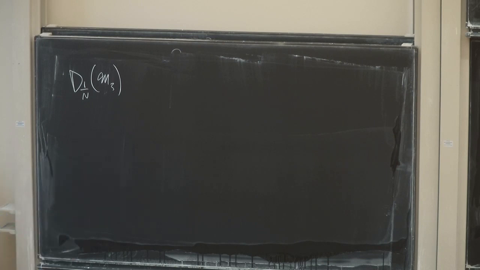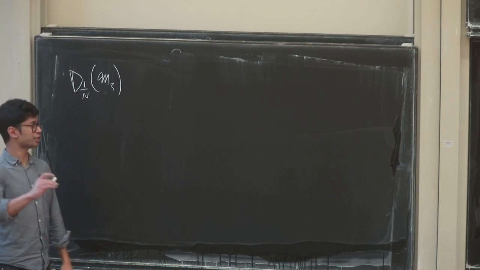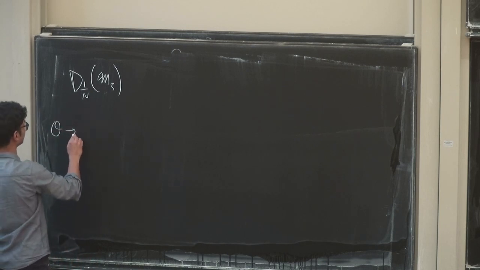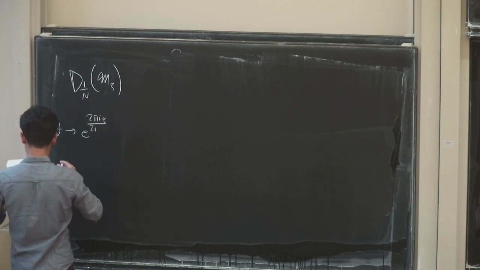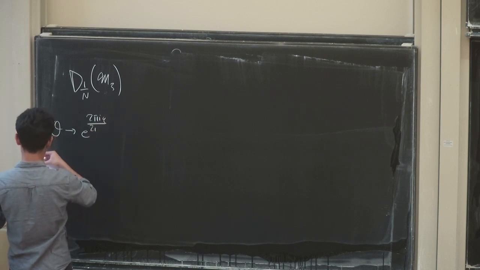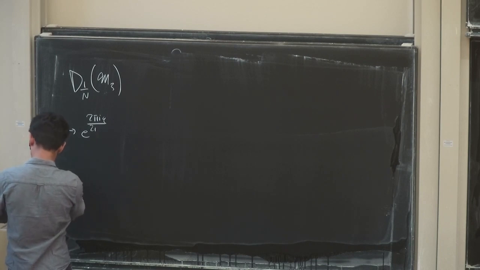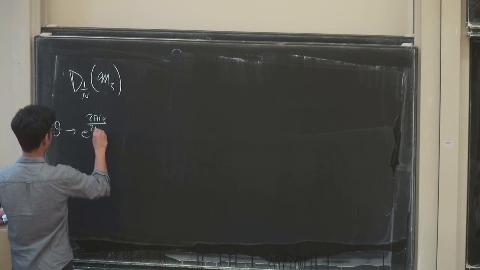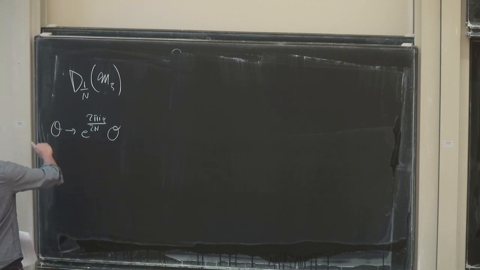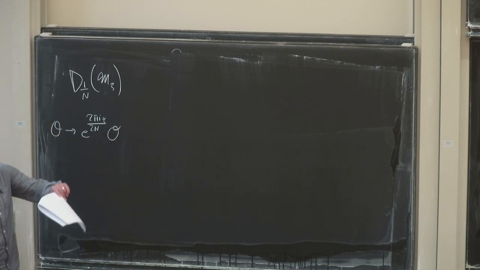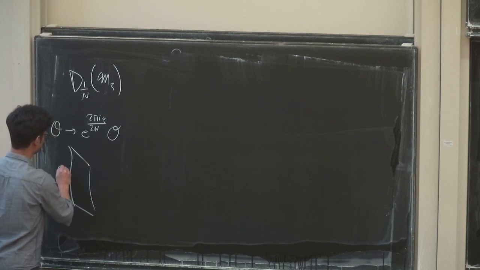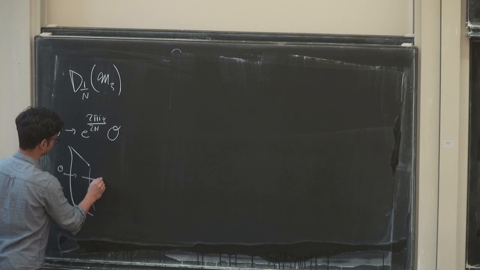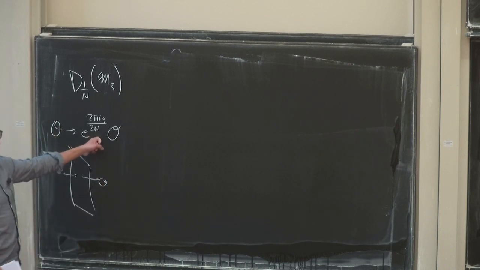Now I said this was not invertible. Let's understand why. Let's try to imagine doing a rotation. This thing rotates all local fields by e to the 2 pi i q divided by 2n times O. So this rotates all local fields like this. If you drag a local operator with axial charge Q through this topological defect, it'll pick up this overall phase.